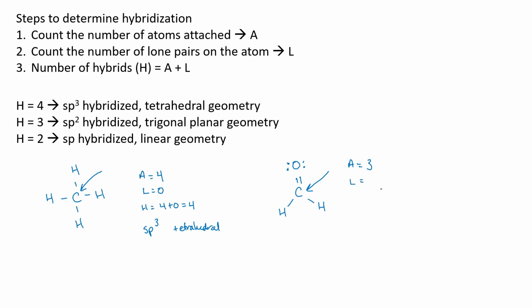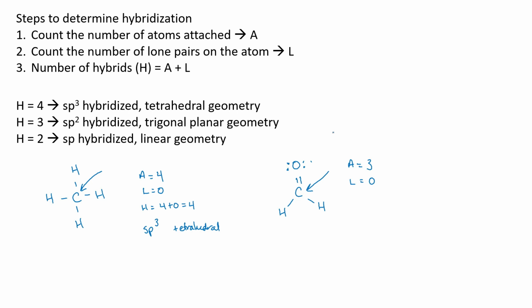This is where students can get a little bit mixed up. You want to look at the lone pairs on the atom in question. Well, I am looking at carbon. Carbon has 0 lone pairs. It's very easy to see the lone pairs up here on oxygen and start counting those, but you want to be really careful that you stay focused on the atom that you're trying to determine the hybridization of.